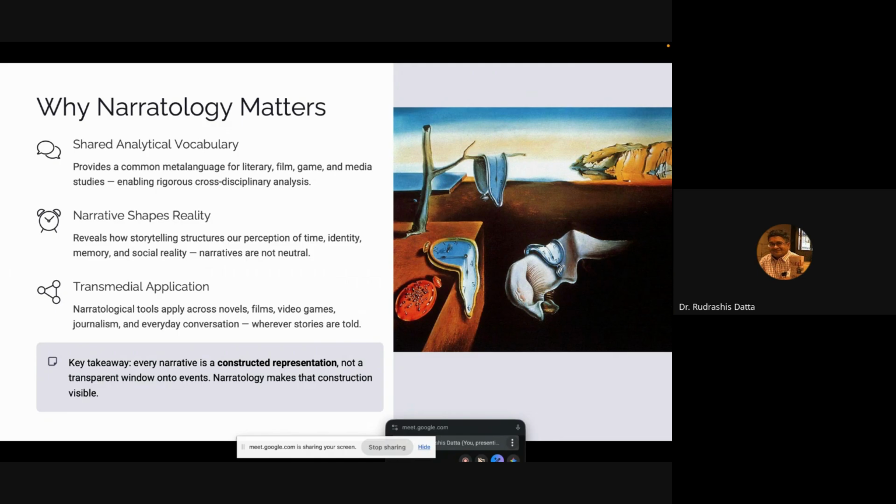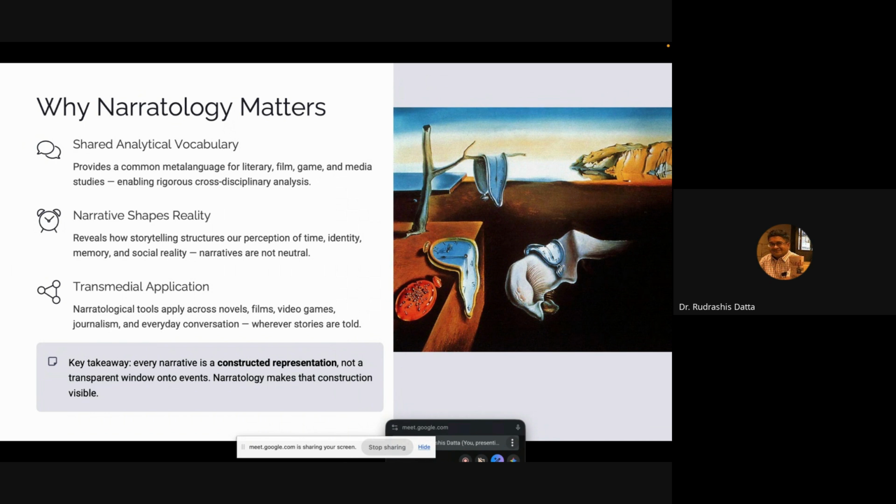Because through this he wishes to portray the flexibility of time. The flexibility of time. So this painting is done with a very, very common postmodern perspective which portrays that time is flexible.